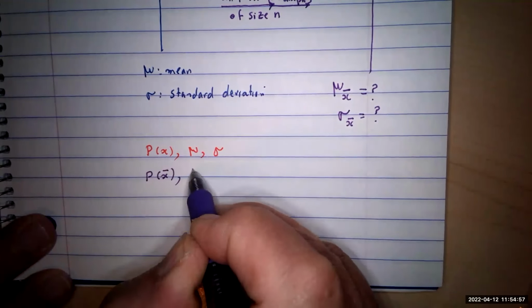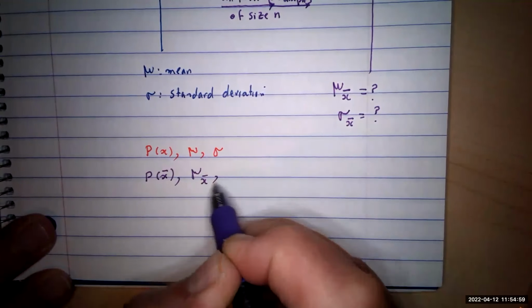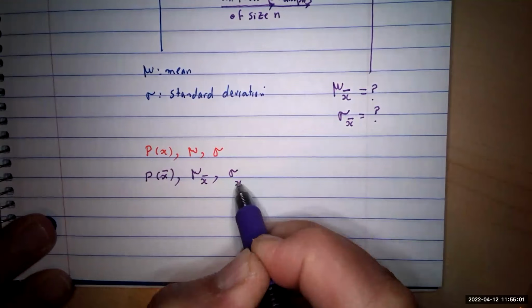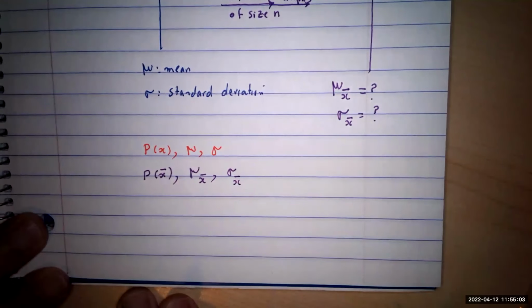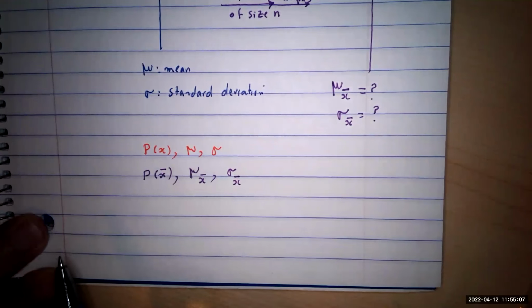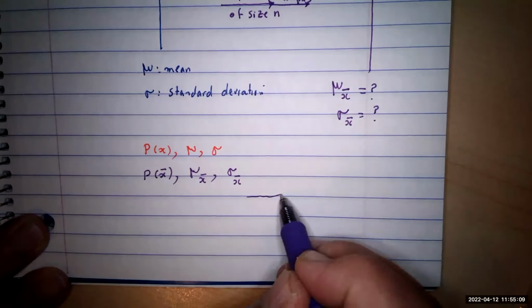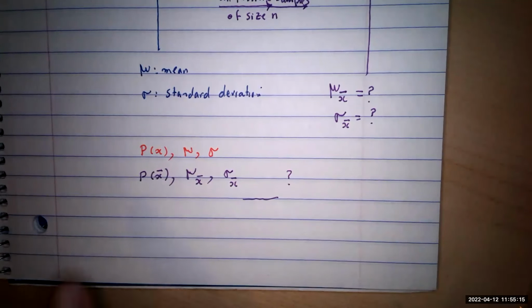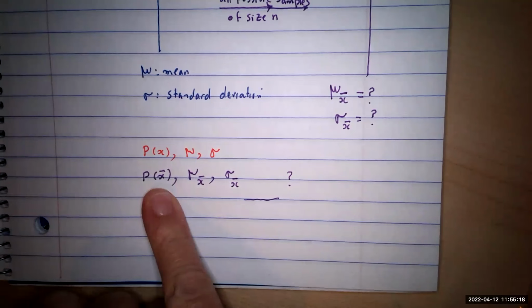So you are going to have the mu of x bar and a sigma of x bar. Especially if the first one was normal, remember, it was very easy to find these. So that is the situation that we're going to have with this new one.